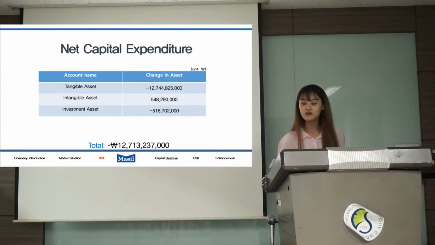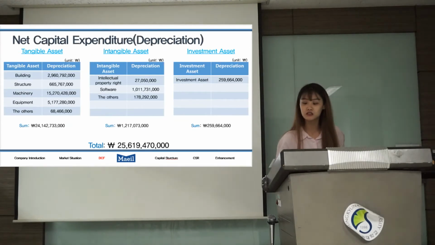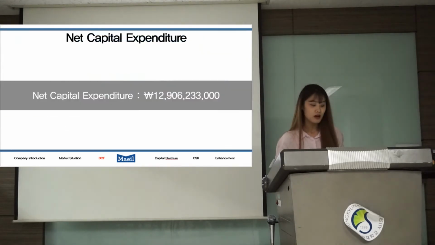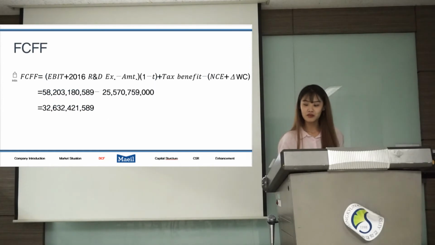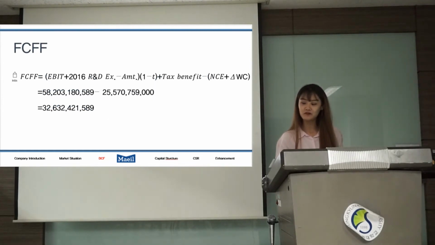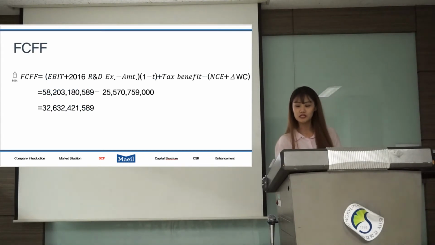We used the difference between current and non-current assets and underlying non-current assets to obtain net capital expenditures. The resulting figure is about 13 billion, and the total reinvestment is about 25.6 billion. FCFF can be obtained using this formula, and we already have all the figures to apply. FCFF is about 32.6 billion.